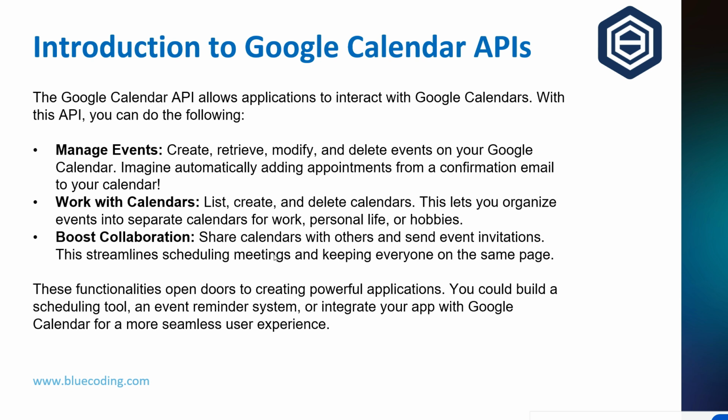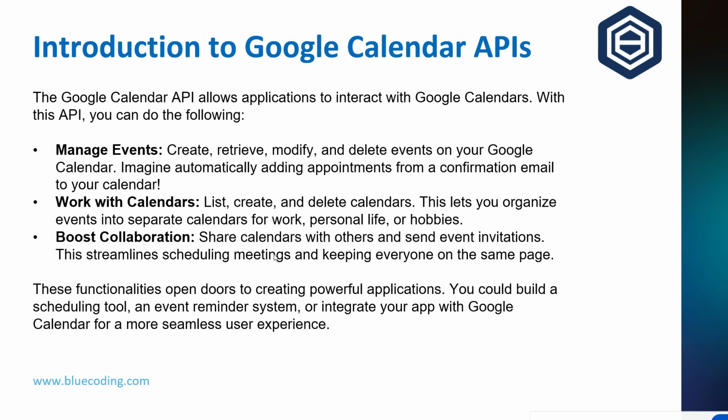Work with calendars: list, create, and delete calendars. This lets you organize events into separate calendars for work, personal life, or hobbies. Boost collaboration: share calendars with others and send event invitations. This streamlines scheduling, meetings, and keeping everyone on the same page.